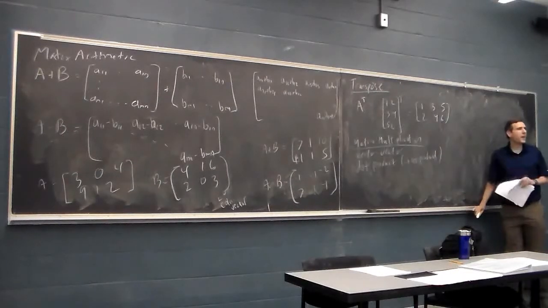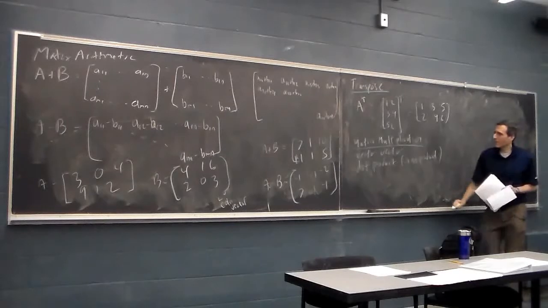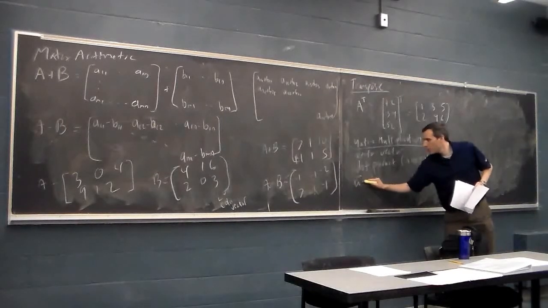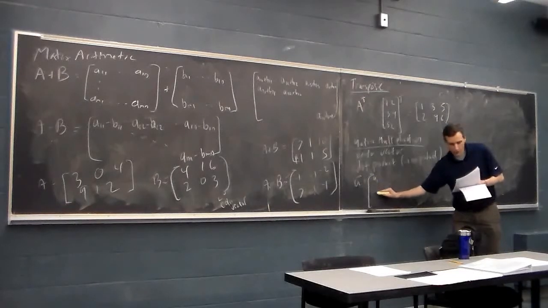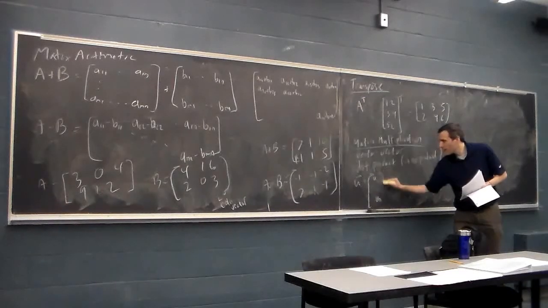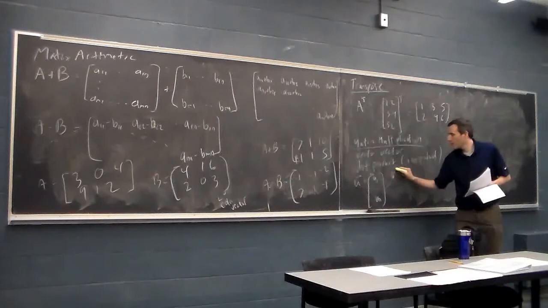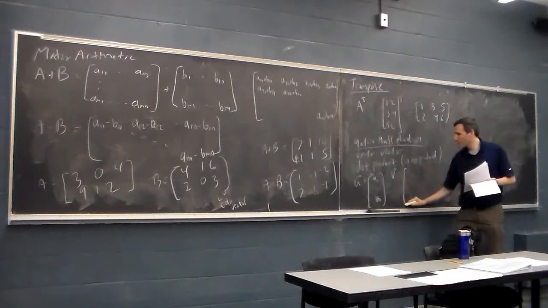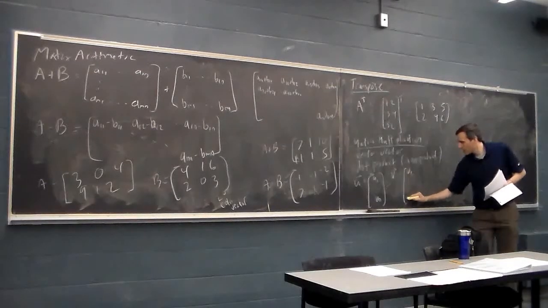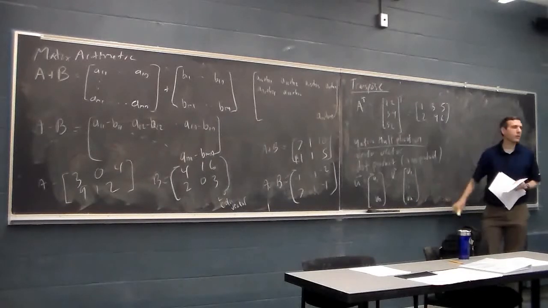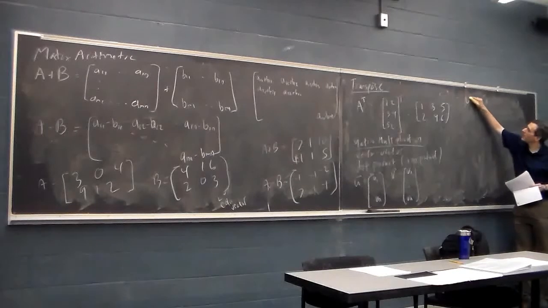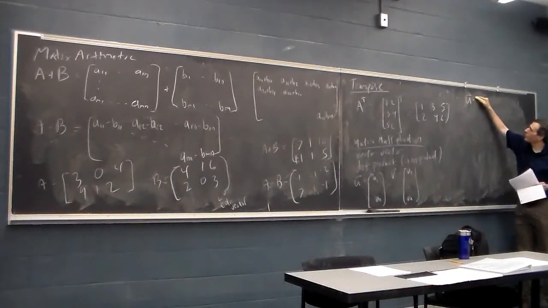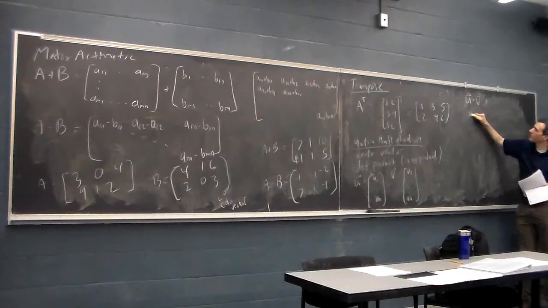So let's suppose that we have two vectors, and I'll call these vectors u, and u will be a column vector, so it'll run u1 through un, and I'll assume we've got a vector v, which for the present purposes we'll just assume has the same length. So it runs v1 through vn, also a column vector. Then the dot product, sometimes written u dot v, or you'll also sometimes see u transpose v.